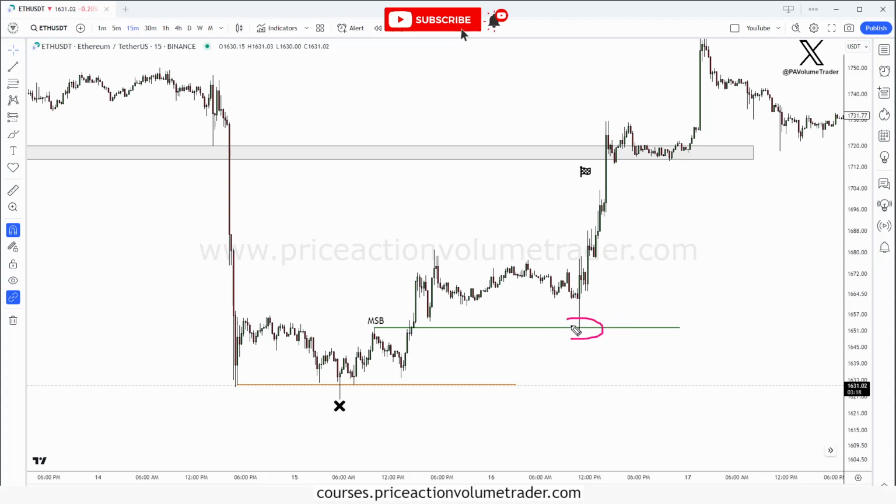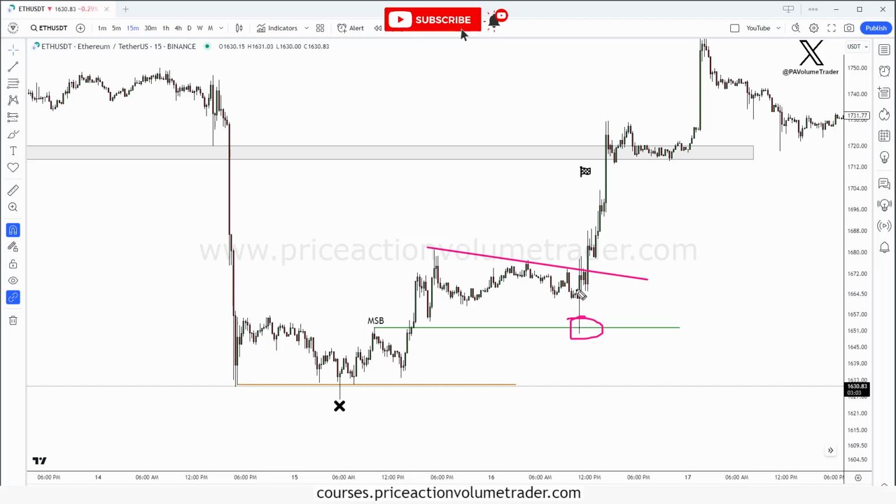Okay, in this case we did get a perfect retest here, and then you can see once we just broke out from here, we have another trend line break right here that you could have been tracking.